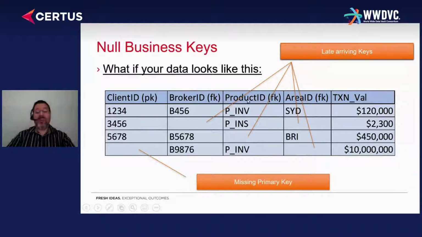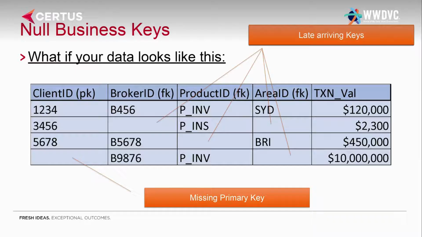Here we have brokers and products and area identifiers or business keys, and they can be either fully qualified or sometimes they arrive at a different time and they arrive late. As these things change over time, and we'll talk about that particular technique a little bit later in our lecture, how do we then identify or deal with these missing business keys?